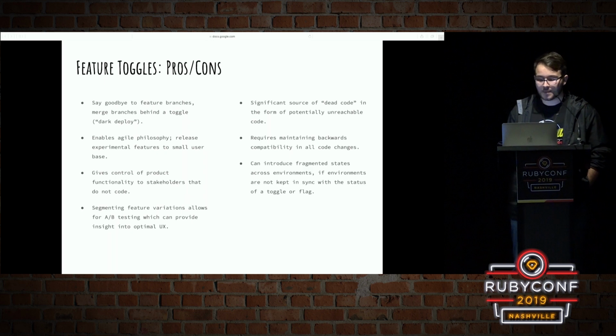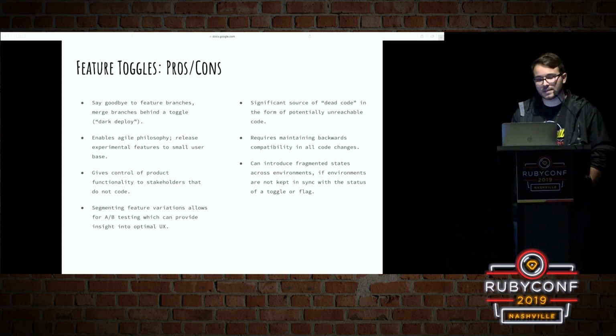It can introduce fragmented states across environments if environments are not kept in sync with the status of a toggle or a flag. What I mean by that is if you have multiple environments for your application, such as production, QA, development, you might have different flags that have different states set across different environments.